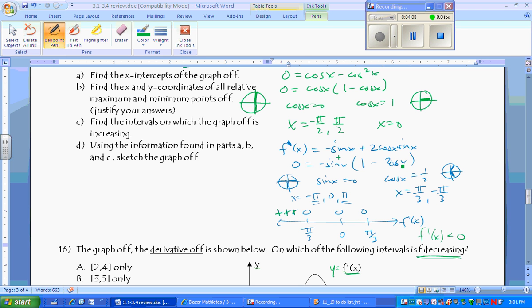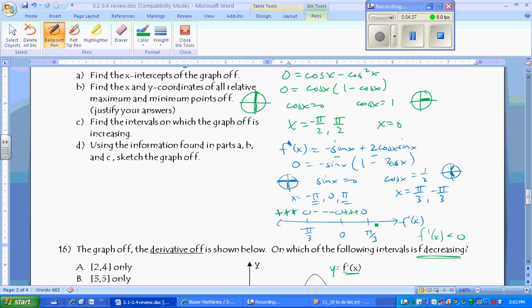So 2 times square root of 3 over 2 is square root of 3. 1 minus square root of 3 is going to be a negative number. Put in pi over 6. Sine of pi over 6 is positive, and with the negative out in front makes it negative. 1 minus 2 times cosine, again, is going to be positive root 3 over 2. This is going to end up being a negative number, which makes the interval positive.